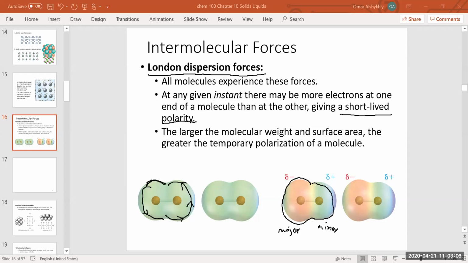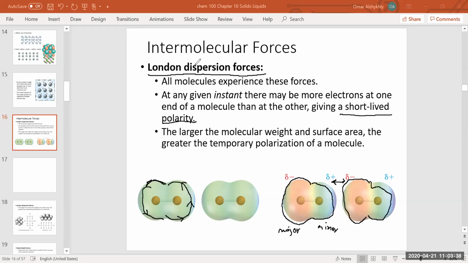Now, let's assume there is another molecule close to it with the same situation. One part has the major, the other the minor. We will have attraction forces between the major part, which has the partial negative charge, and the minor part, which has the partial positive charge. So they will attract each other. These attraction forces we call the London dispersion forces.